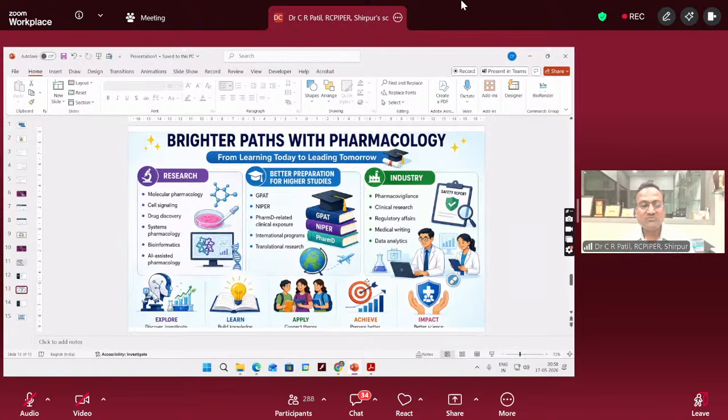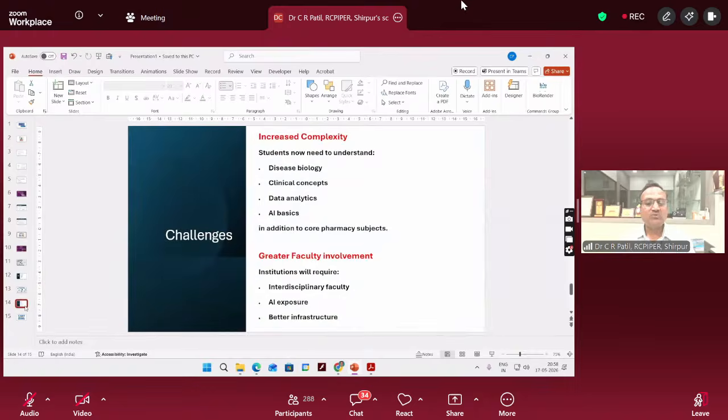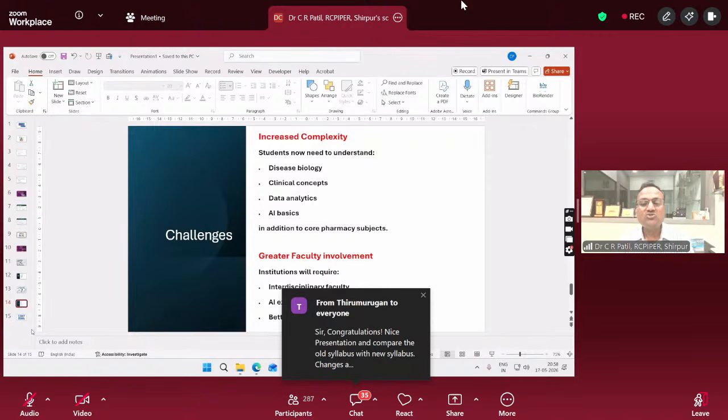Such kind of positivity was not present in the earlier syllabus to this extent. Okay, so we have to look at the contents like this. We have to look at the challenges also. No doubt we may feel initially that there is increased complexity in the syllabus, but if you look at the kind of developments which are happening in our field, there is no other way than to face these challenges and make ourselves more competent. Okay?